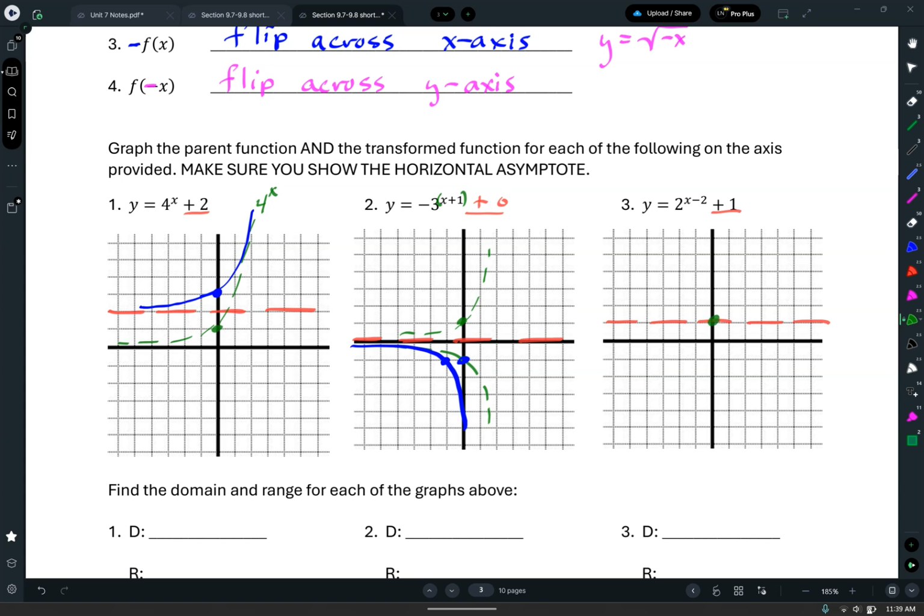That's going to be my pivot point, the point that I'm going to move up or down or right or left. Because of that minus 2, I'm going to move it 2 to the right. And then because of the plus 1, I'm going to move it up 1. So that's the point that used to be on the y-axis. I know it's leveling off at that red horizontal asymptote, and I know the basic shape. So there it is.